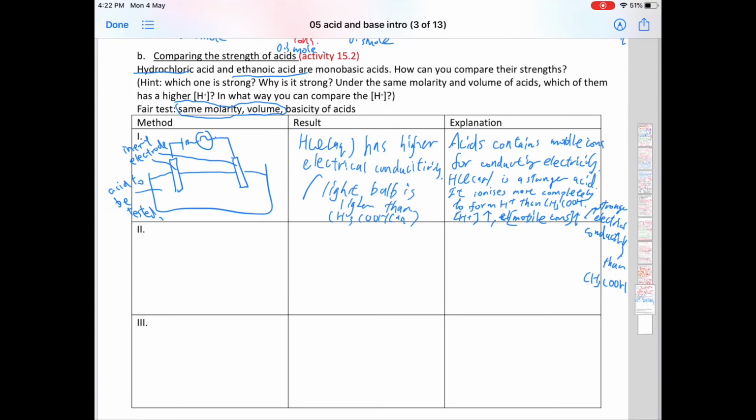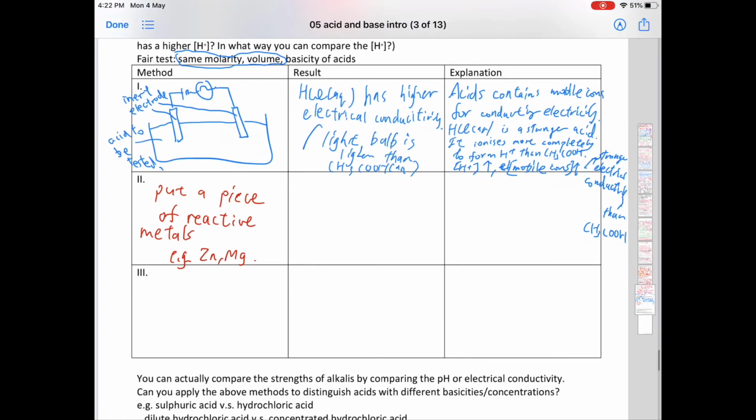The second method is that we can put a piece of reactive metal inside. Maybe you can think of why first. What will be the difference? Again, HCl(aq) is a stronger acid and it completely ionizes, while CH3COOH only partly ionizes.